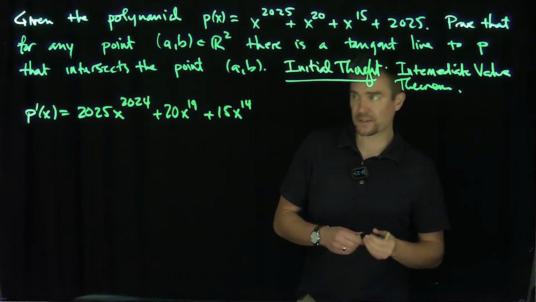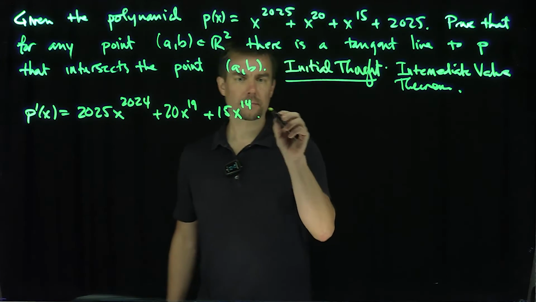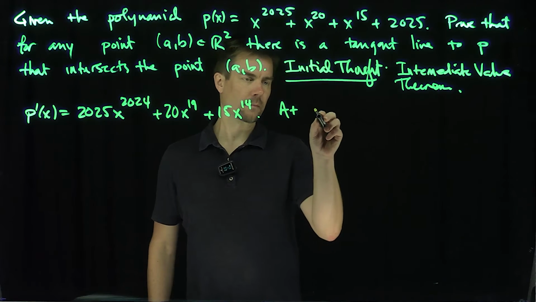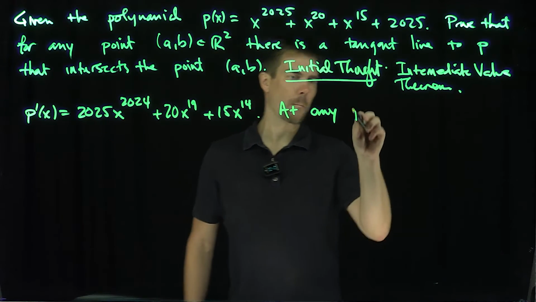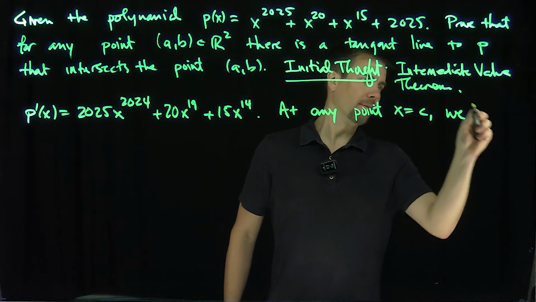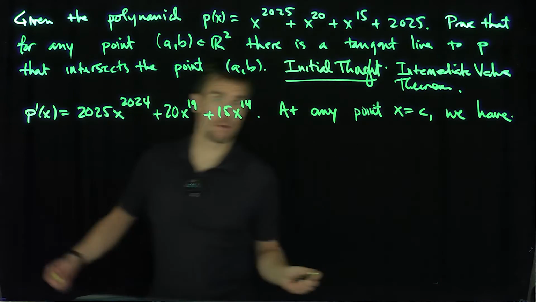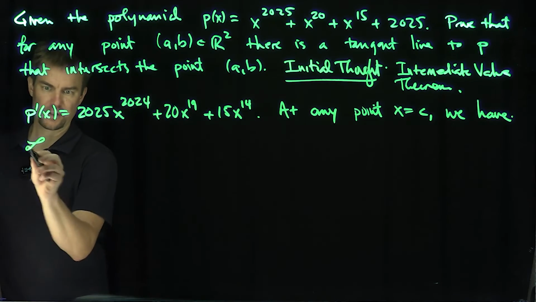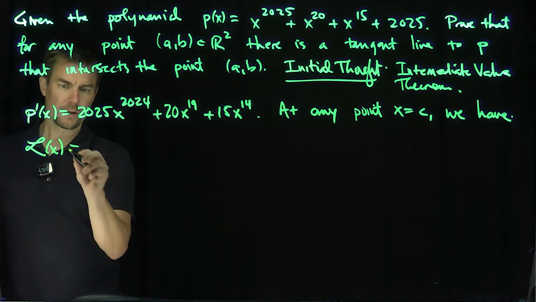So at any point C, I'll write down the equation of the tangent line. The equation of the tangent line, L of x, is going to be what?